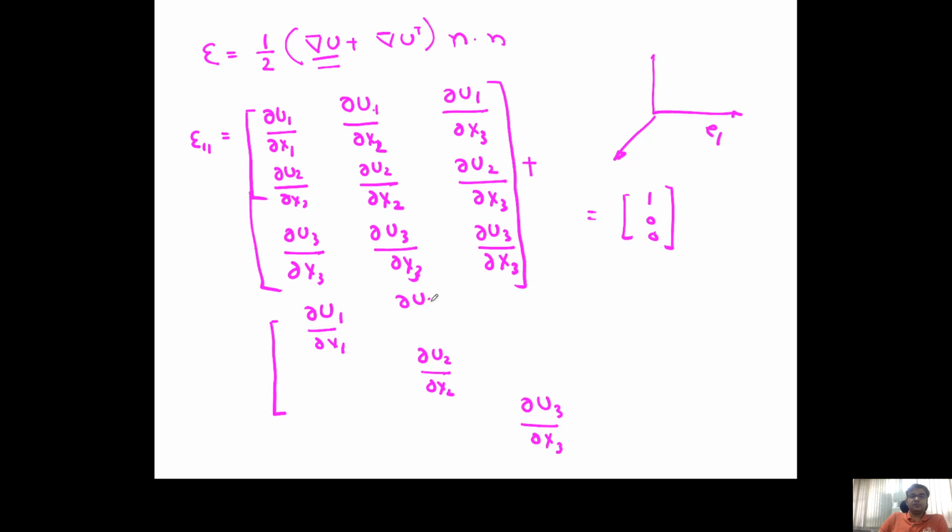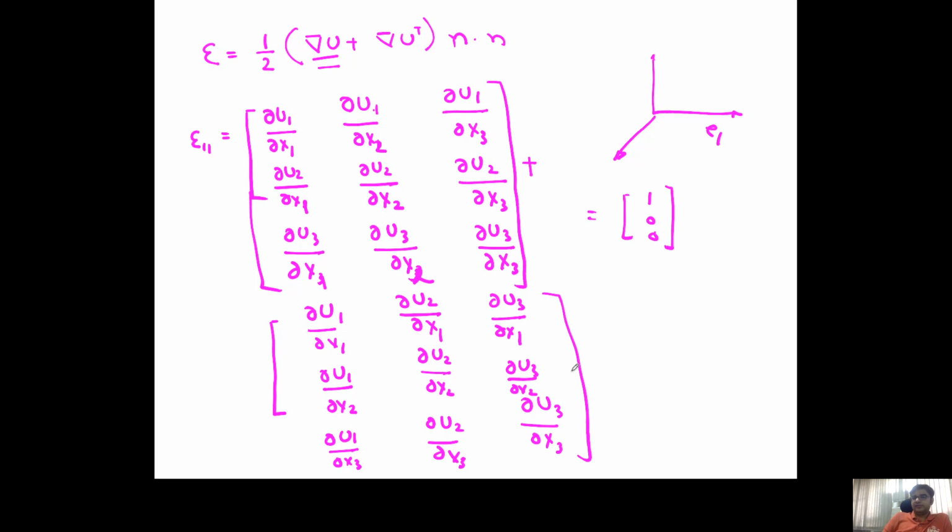So this will become now del u2 by del x1, del u3 by del x1. Then this becomes del u1 by del x2, this becomes del u3 by del x2, this becomes del u1 by del x3, and this becomes del u2 by del x3. So this is the transpose part, right?